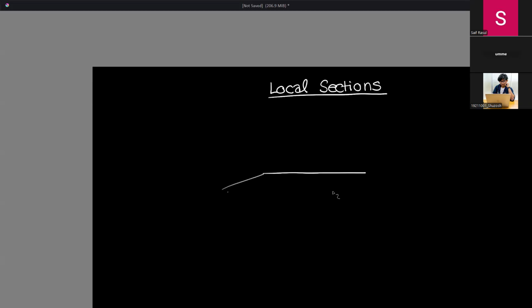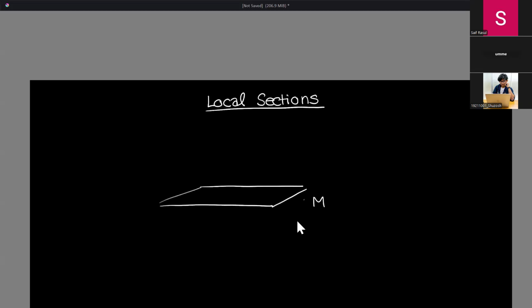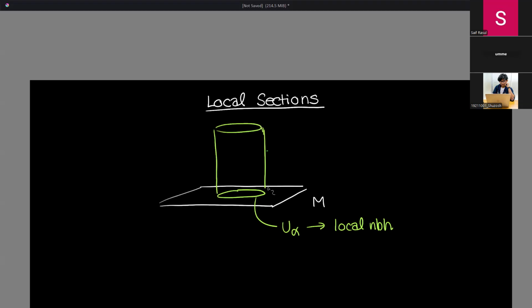So if I draw the manifold and let's say that this is my open set, which is my local neighborhood, U alpha, then we can think of restricting the bundle to just the part that's above the local neighborhood, the part of the bundle that's right above there with all of its fibers, many, many fibers.